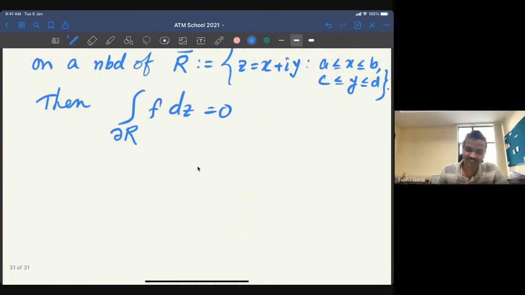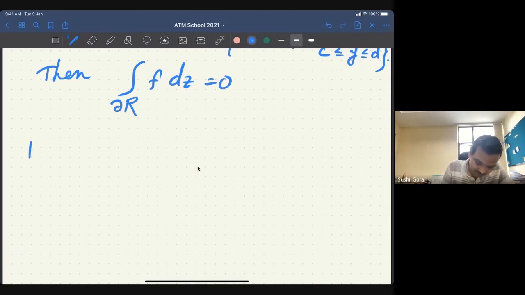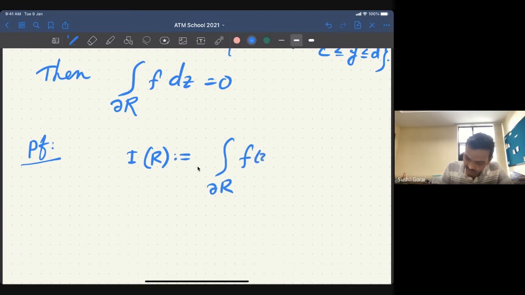The similarity of the method doesn't change much, but the setting is different here. So, proof. Consider this integral, and define it to be I_R, or the integral of f dz, whatever.